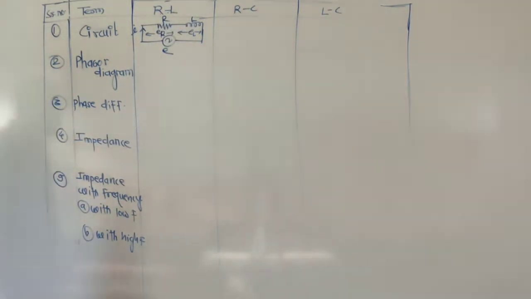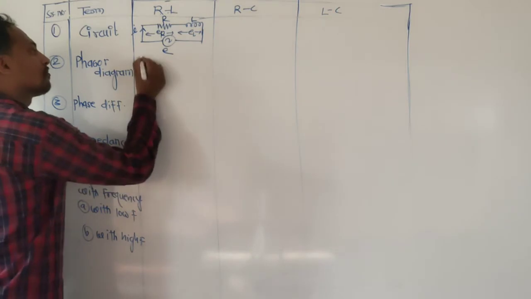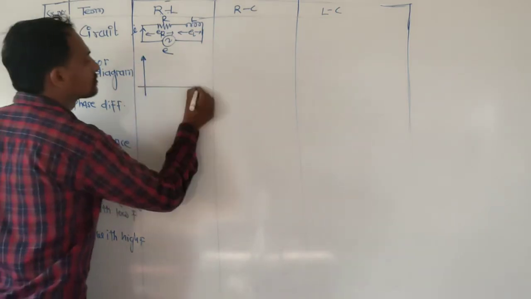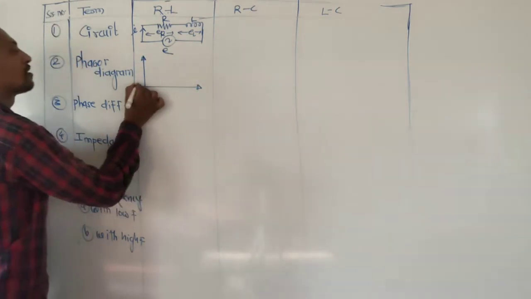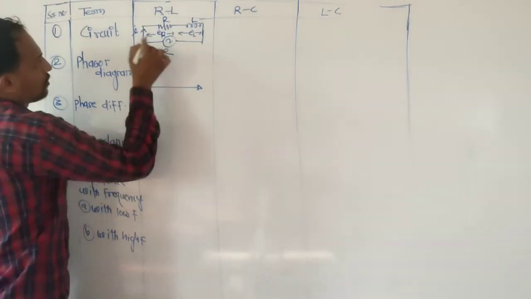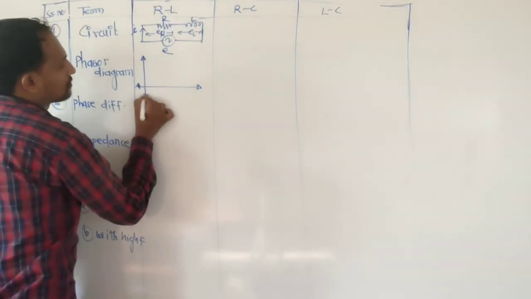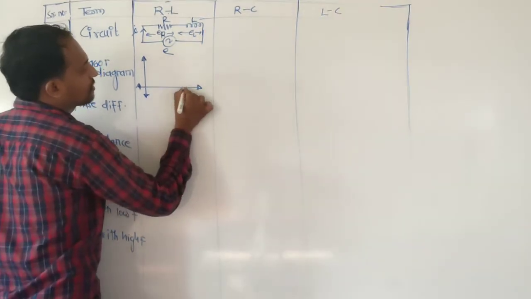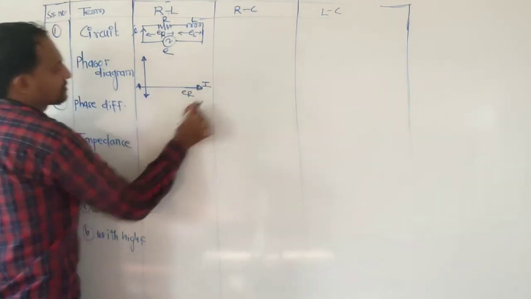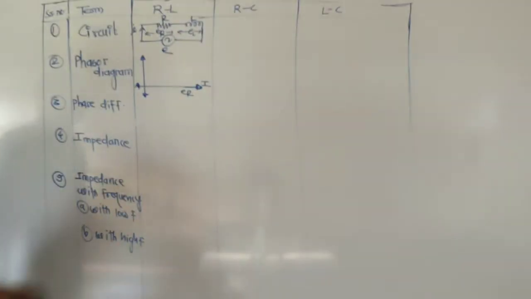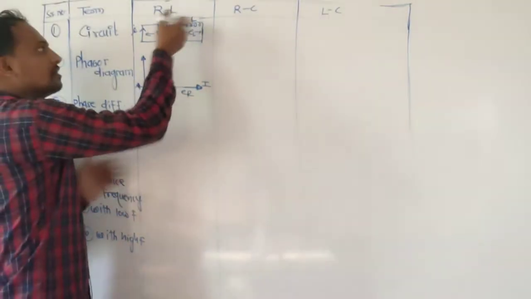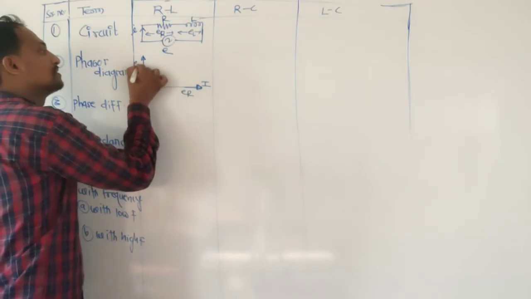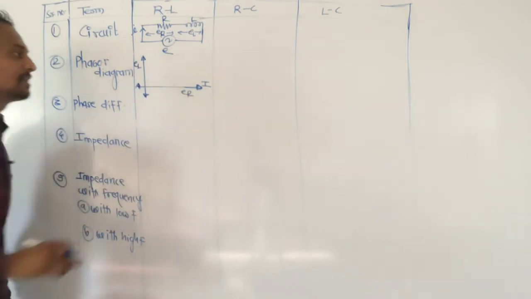So the phasor diagram for this is like this. Current in the resistor and EMF ER are along the x-axis, but EMF of the inductor is along the y-axis, which leads ER by 90 degrees.